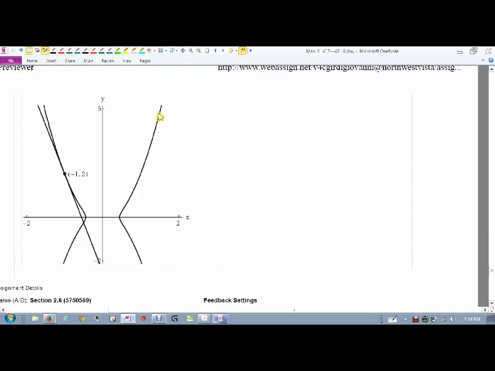Here's the curve now. There are different ways to get a computer to graph this, and I ask that you maybe go to a website. Let's try Wolfram Alpha, in case you've never seen this before.